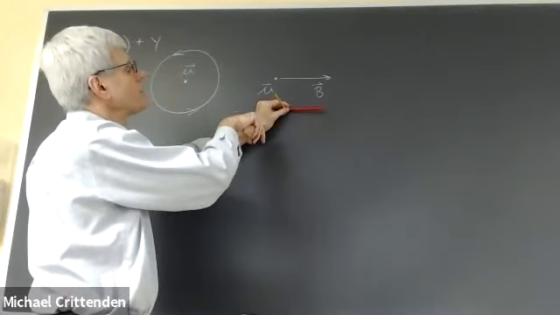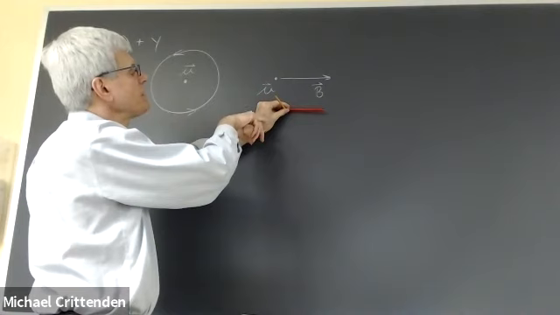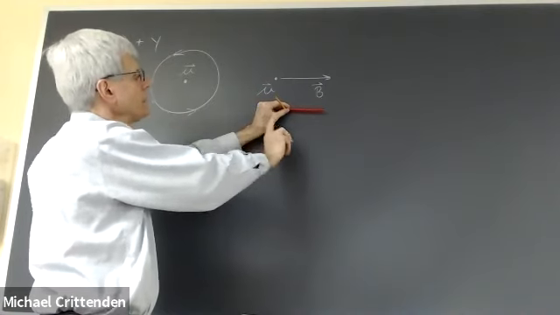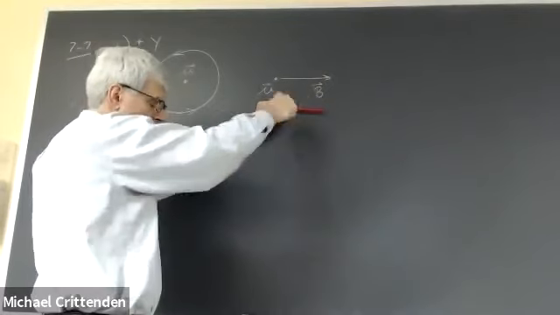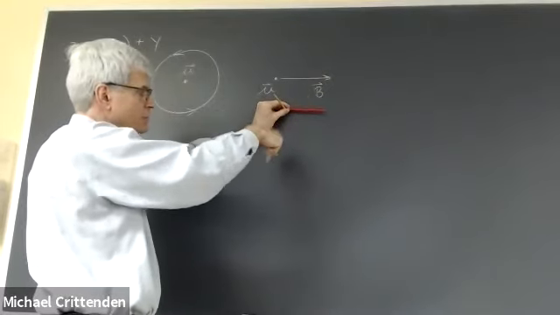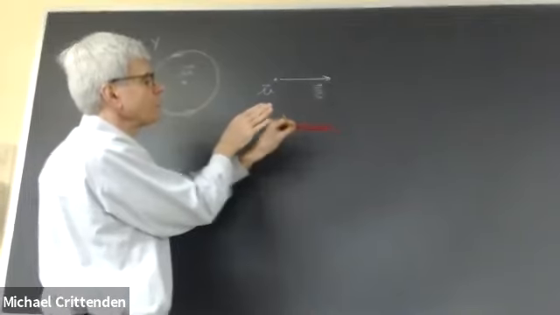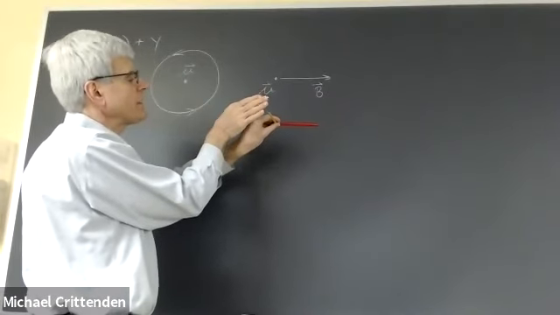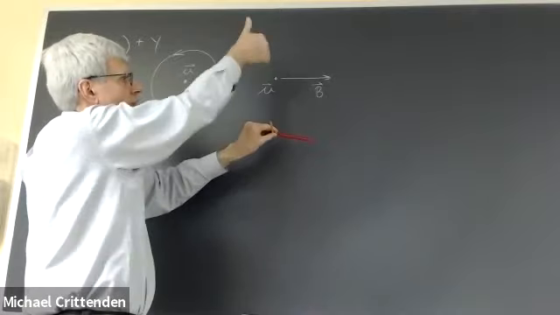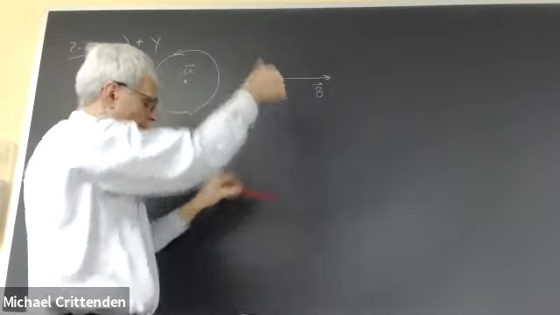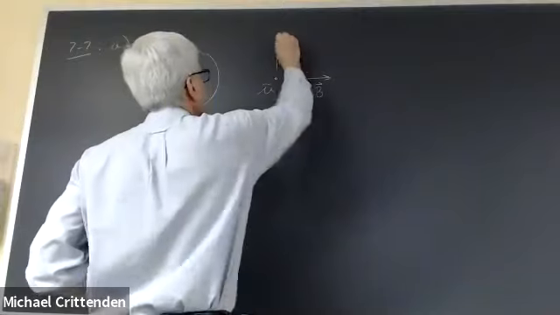So their cross product has to be perpendicular to both of them, which means it's either up the y direction or down in the negative y direction. To choose between them, mu cross B, your fingers go from mu toward B, and it looks like your thumb points up that way.